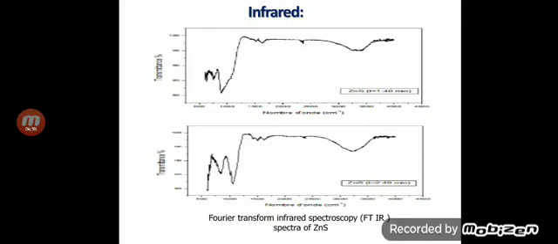Two observed bands are of the first type. The band located at 543 is assigned to the stretching vibration of the zinc and sulfide bond. In addition, the presence of another band is observed and the rest of the bands are identical in both spectra.